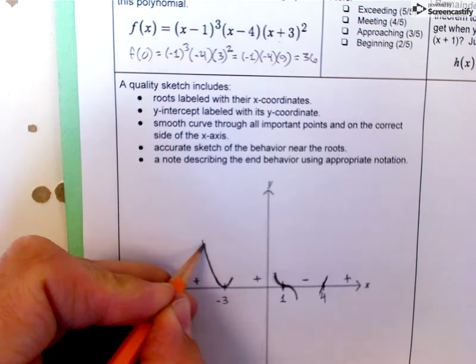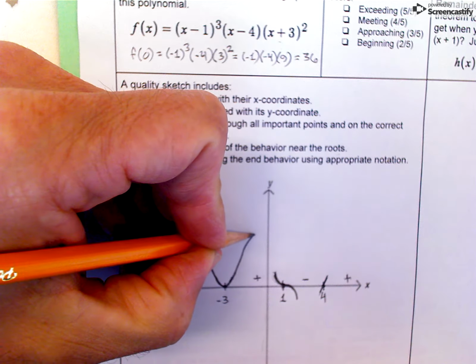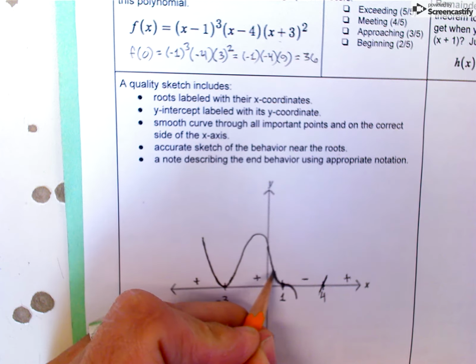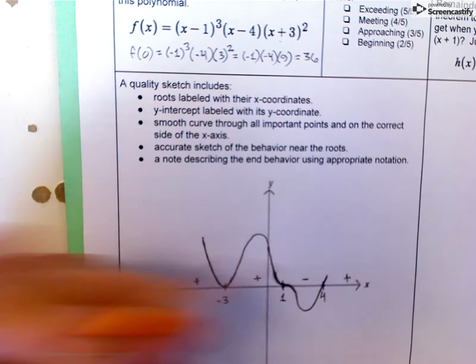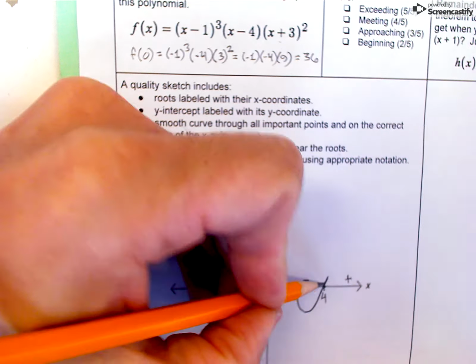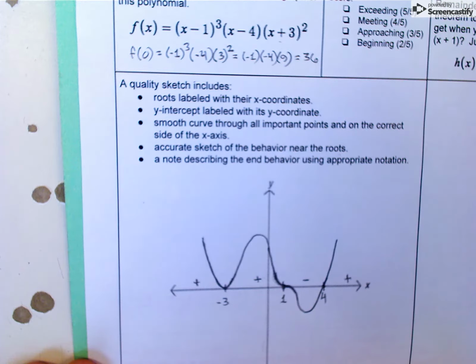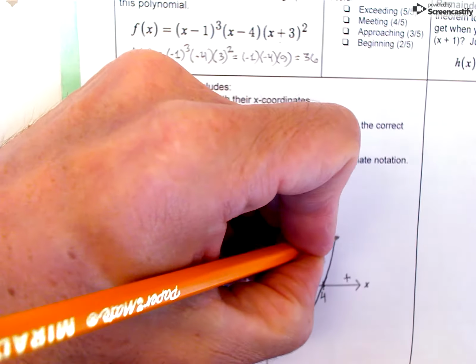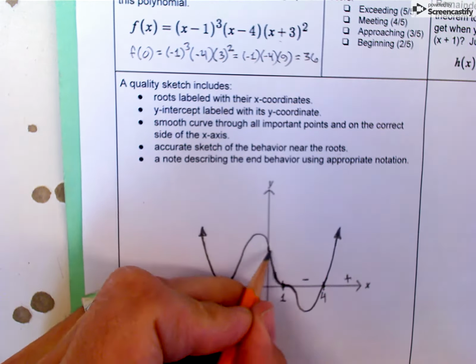I'm gonna come down like this, and then I'll go up here and then come back down and connect to this part of the graph, and then connect this, and then go extending in that direction. Put arrows on the ends of my graph to indicate that they go on and on in these directions forever.